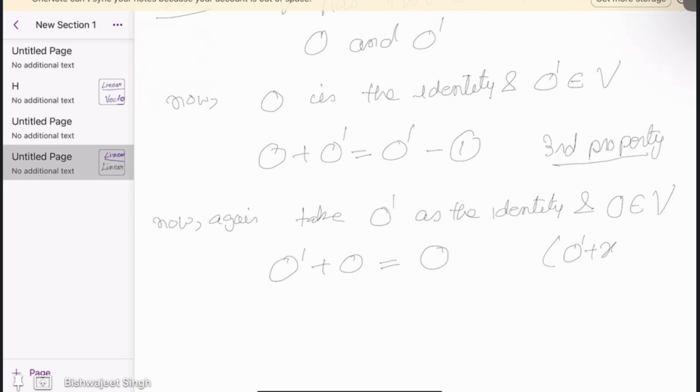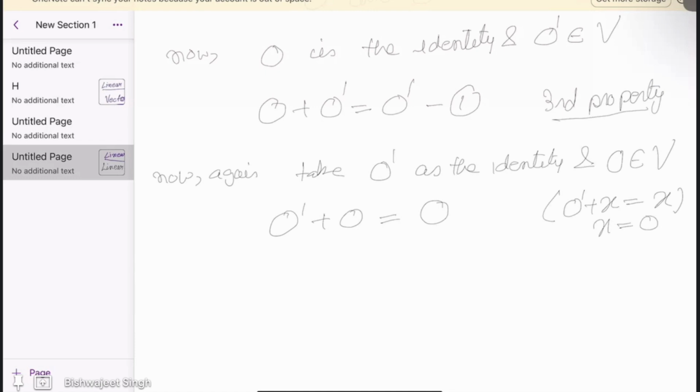So 0 dash plus x is going to be my x, and here I have taken x equals 0. So this is also given by property 3, and this is also equal to 0 plus 0 dash.